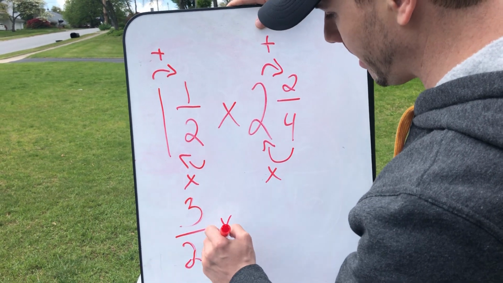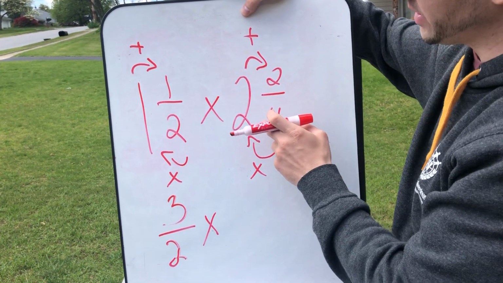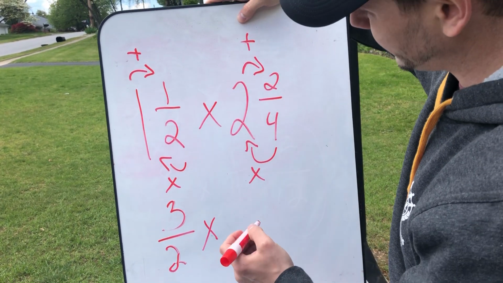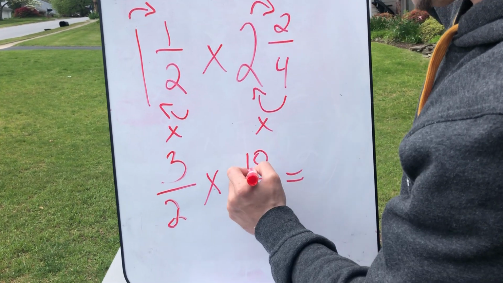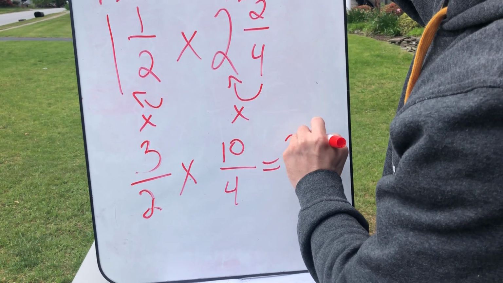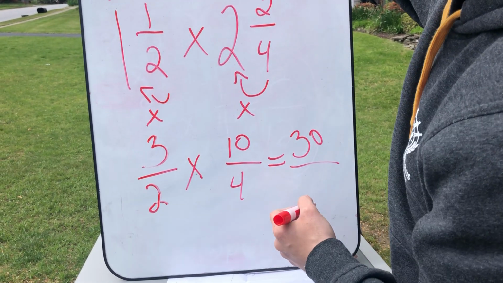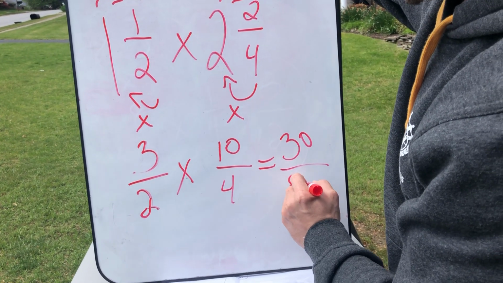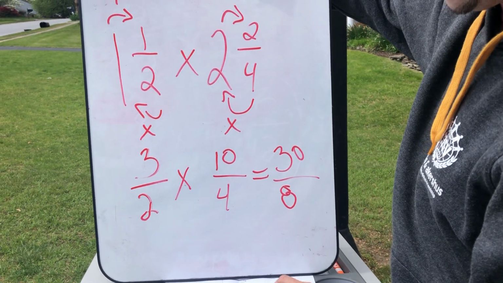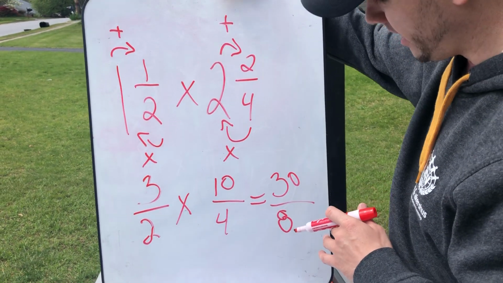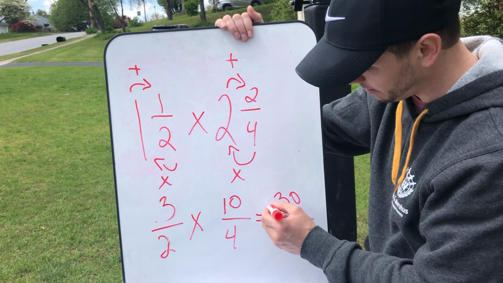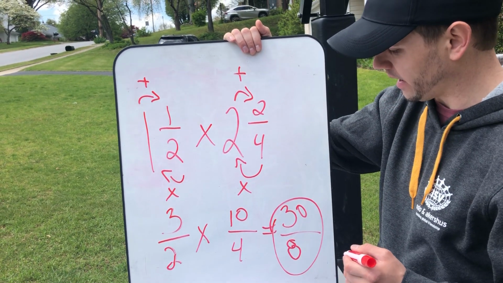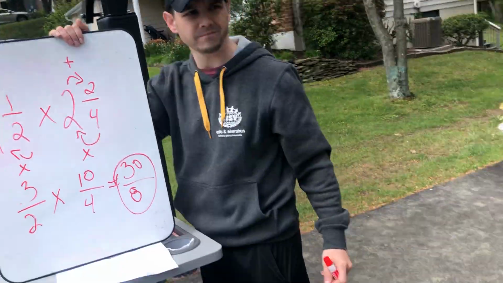And then bringing down my multiplication symbol, 4 times 2 is 8, plus 2 is 10, and then I have 10 over 4. 10 times 3 is going to give me 30, over 4 times 2 is going to give me 8, and I have 30 over 8, and that's how I'm going to leave it. Do not worry about changing that because this we know is improper. We're just going to leave it improper and then circle our final answer.